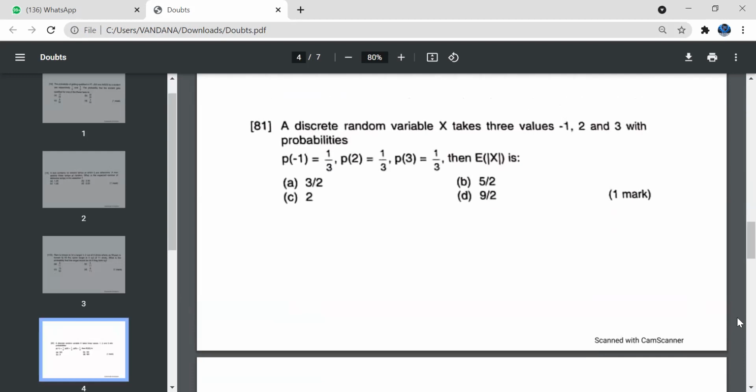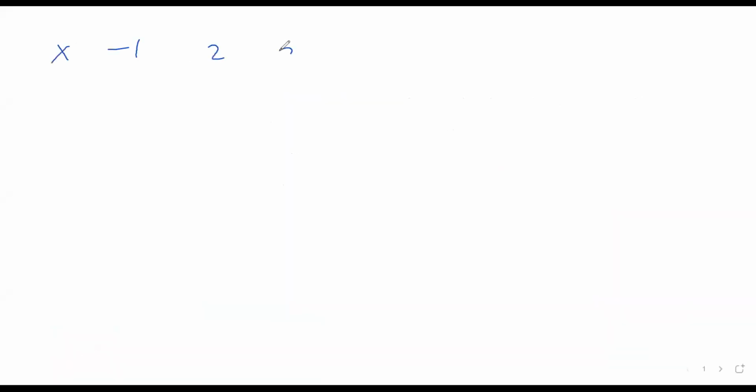A discrete random variable x takes three values -1, 2, and 3 with probability 1 by 3, 1 by 3, 1 by 3. Then what is the expected value? They have just asked you about expected value. So x is -1, 2, 3. Probability is 1 by 3, 1 by 3, 1 by 3.